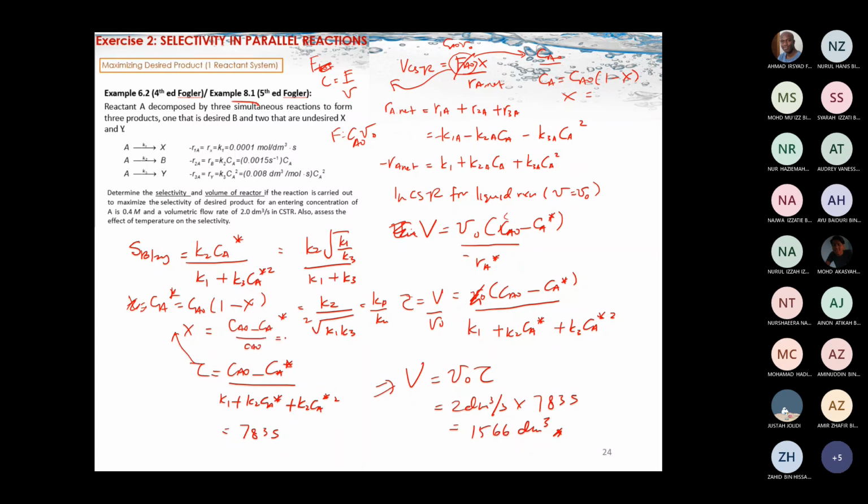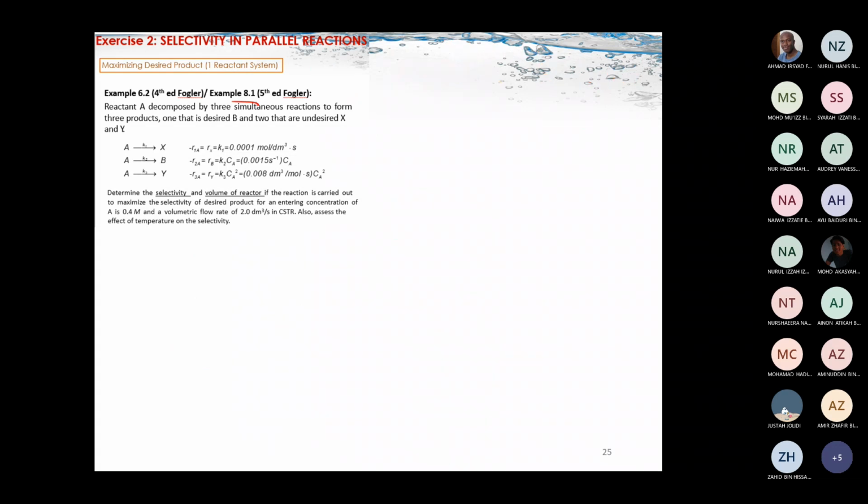Okay, so you akan dapat jawapannya dalam 0.72. Ini X. Alright, so daripada situ kita dah jawab dah semua soalan. Okay, dah jawab what is selectivity dan what is volume of reactor. Sekarang ni kita nak assess dia in term of the effect of temperature on the selectivity. Okay, so sekarang ni remember kalau berkaitan dengan temperature kita tengok pada activation energy.